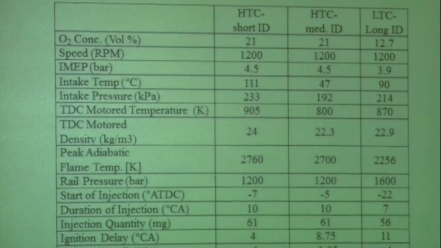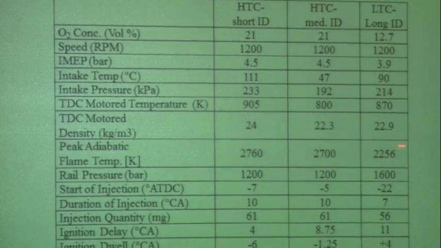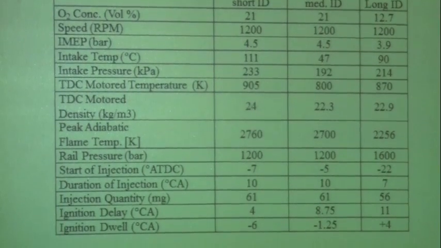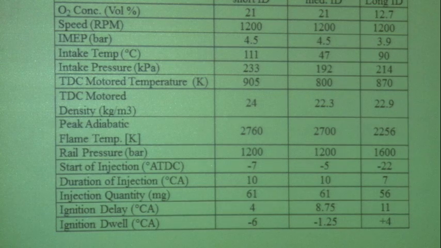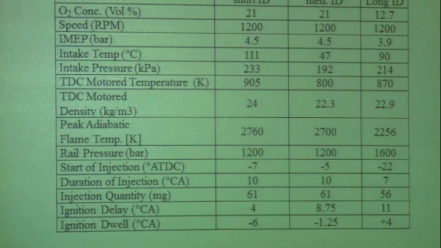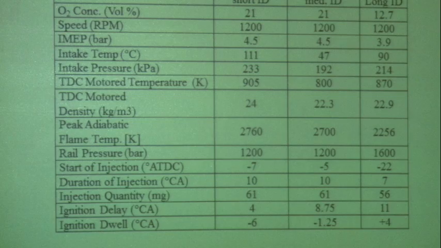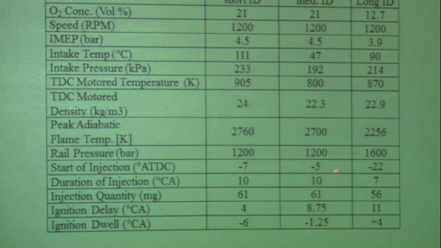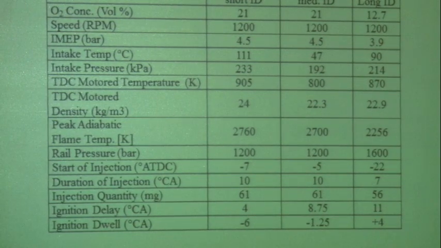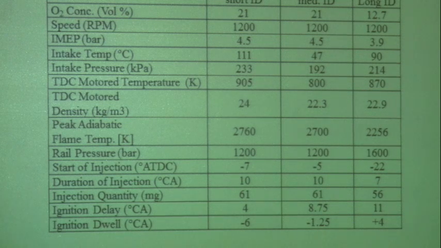You expect a lot of NOx from those type of runs. And here for the diluted case, much lower peak flame temperatures. Injection pressures over 1,000 bar. And then here, start of injection timing close to top dead center for the high temperature combustion cases, but 20 degrees before top dead center for the low temperature combustion.